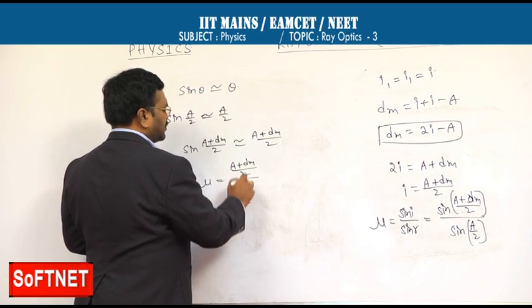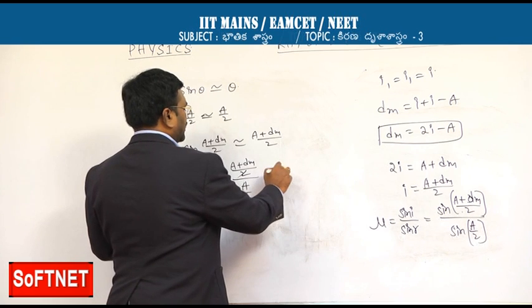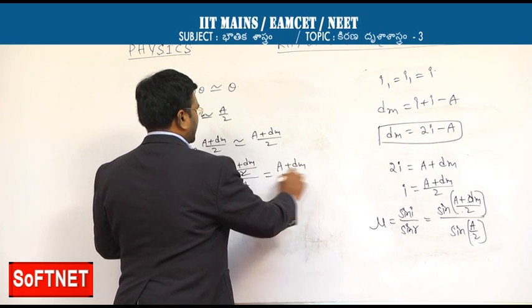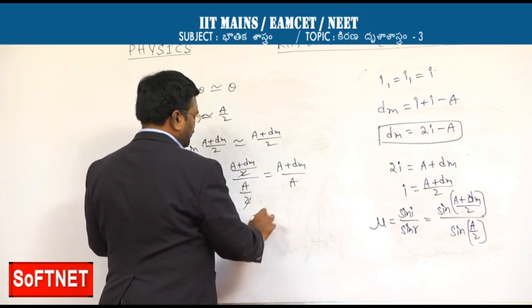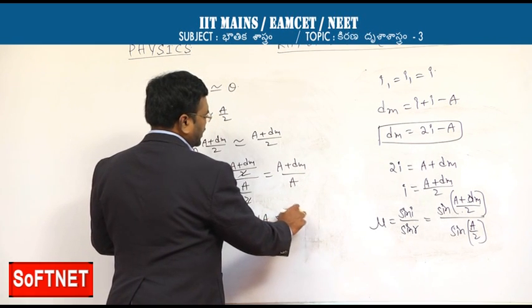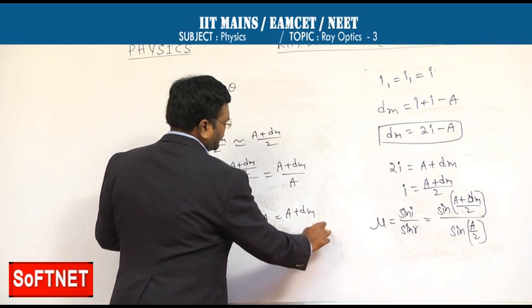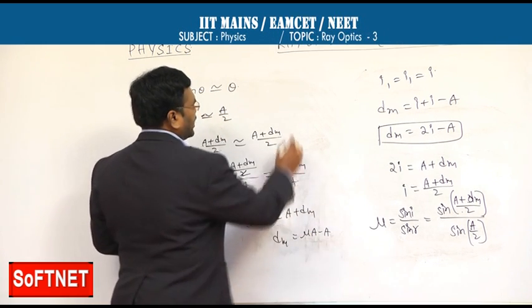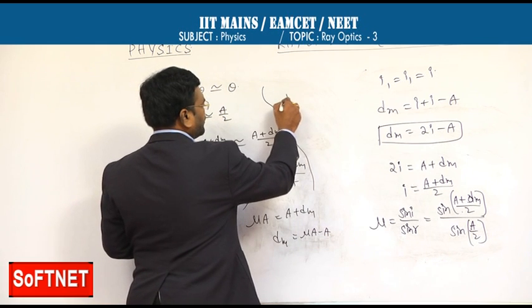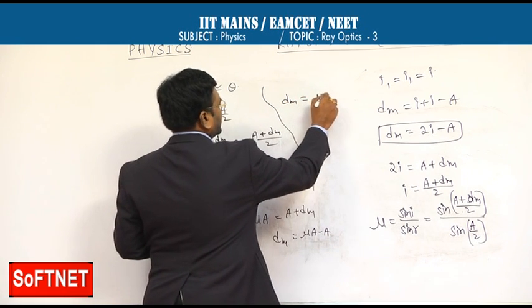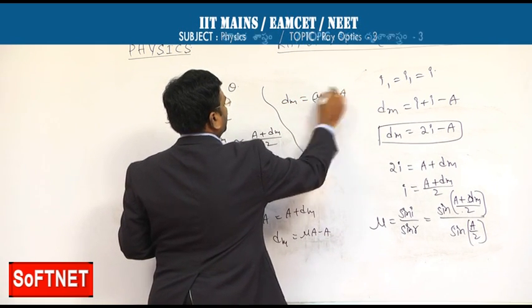The 2 gets cancelled, so we get (A plus dm) by A. Cross multiplying, mu A is equal to A plus dm. Now dm is equal to mu A minus A. So the minimum deviation dm is equal to (mu minus 1) into A.